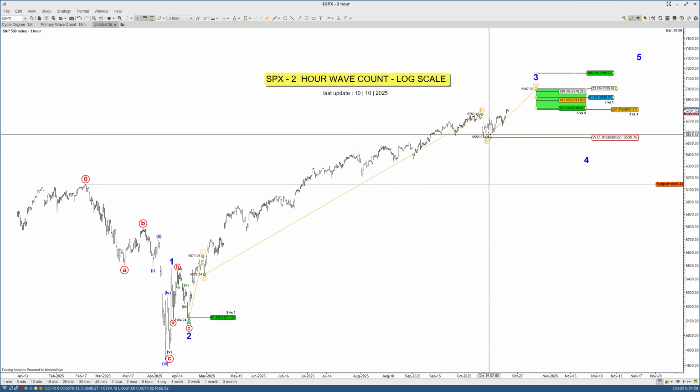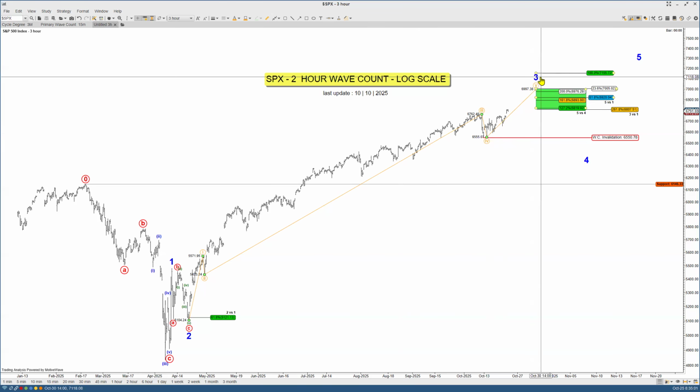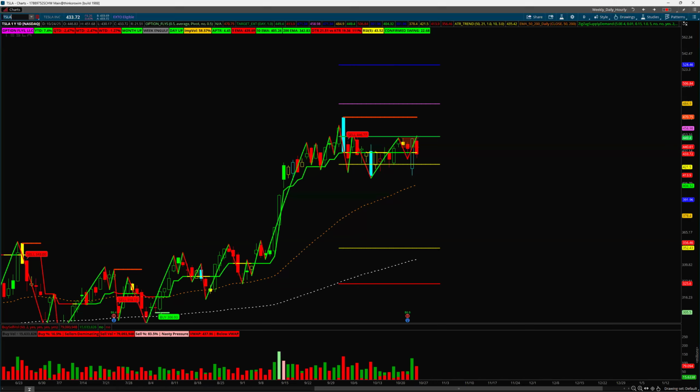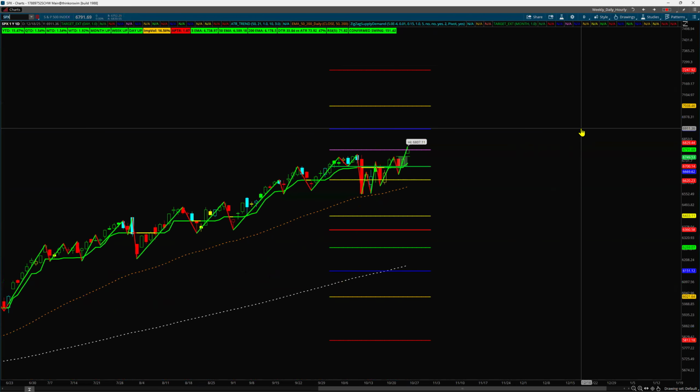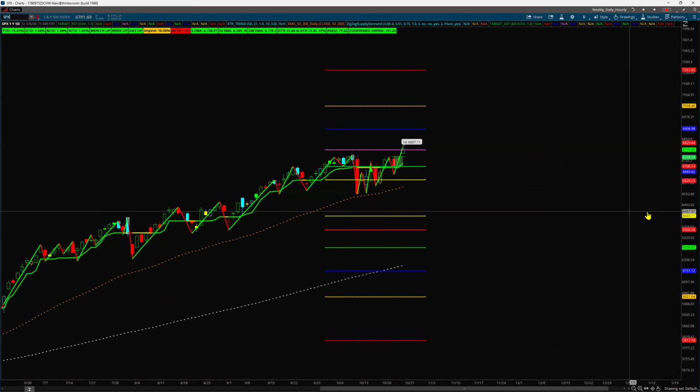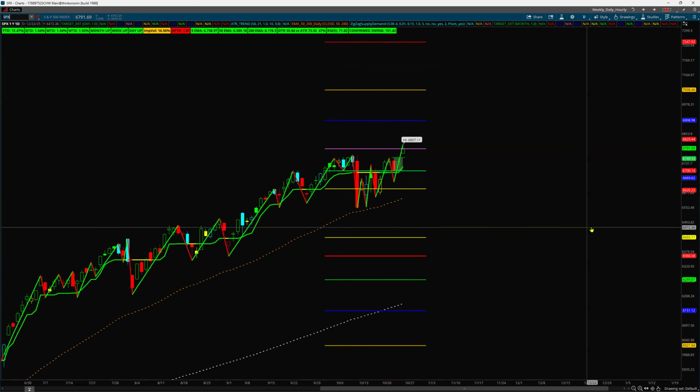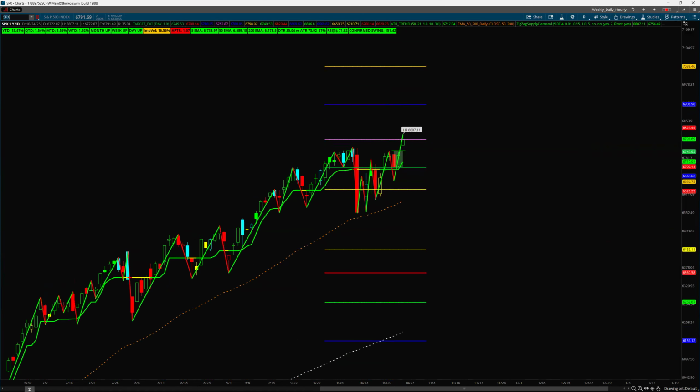So if you believe that there is further continuation from here, fine. If we go back here, the sell signal failed yesterday because of the price pop to the upside. On a monthly time frame, our next extension is at 6,900, and we have one more week to go to end the month.